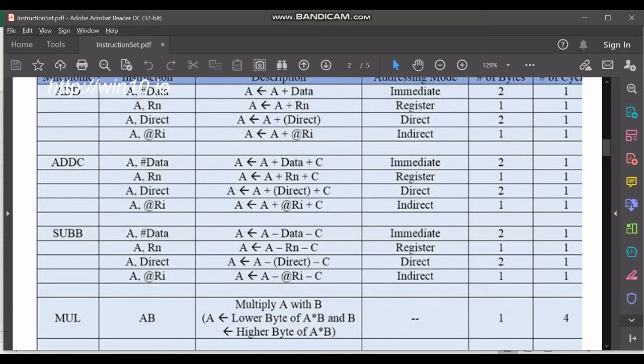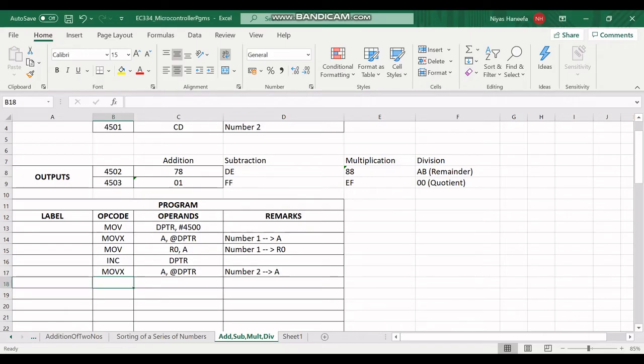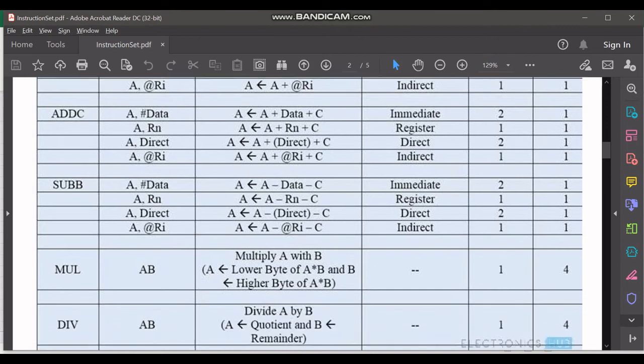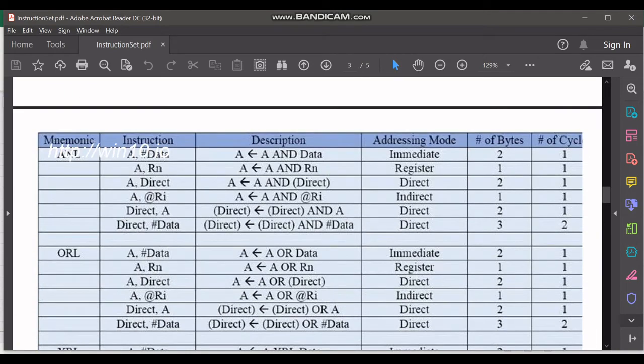If the numbers we are going to subtract are 16 bits, then the lowest byte subtraction won't have the carry, but for the highest byte we need to subtract with carry. That we'll see later. So the carry flag has to be reset, then only that subtract with borrow will work. So clear the carry flag. That instruction is there in the instruction set.